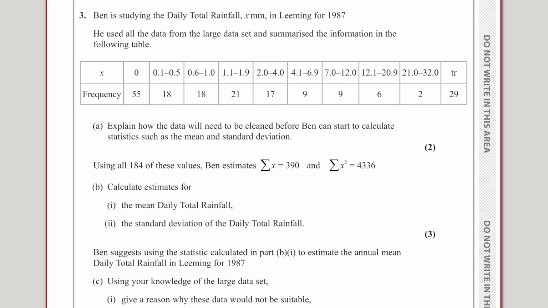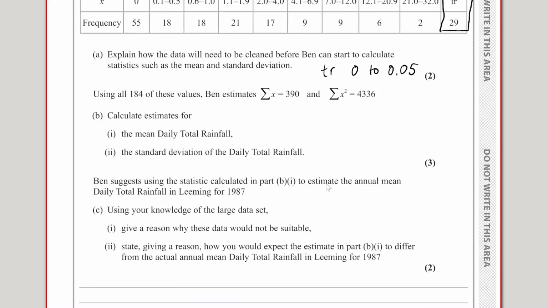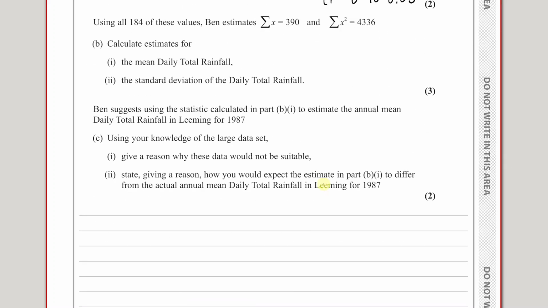So we have trace included in it, which is going to have to be changed into something. Trace is between 0 and 0.05. So we can change trace into 0, or we could change it into halfway, 0.025.